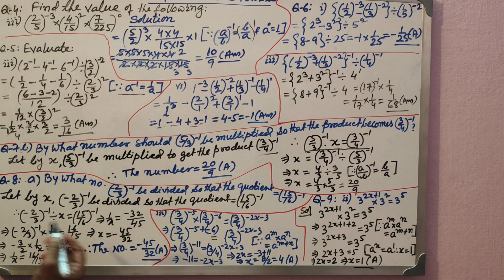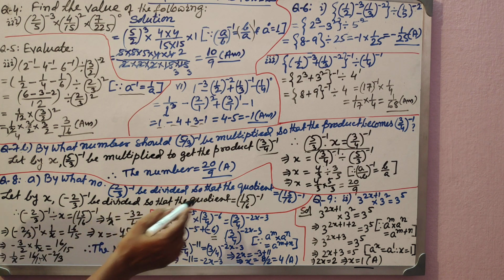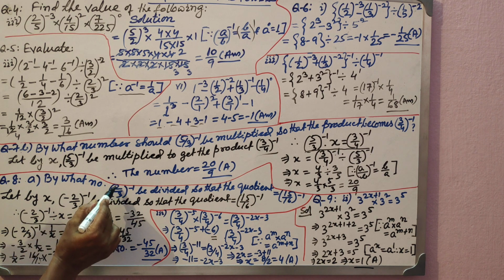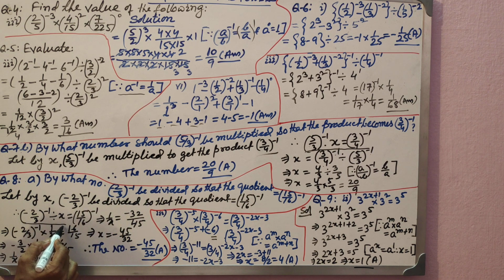Now frame an equation from the statement. This is the equation: minus 2 by 3 to the power minus 1 divided by x is equal to 15 by 16 to the power minus 1. Now what will the next step be? Since x is divided, x will become 1 by x.